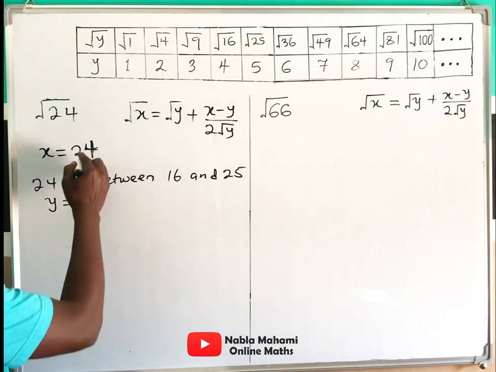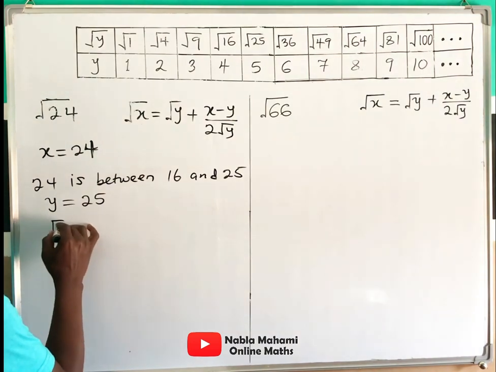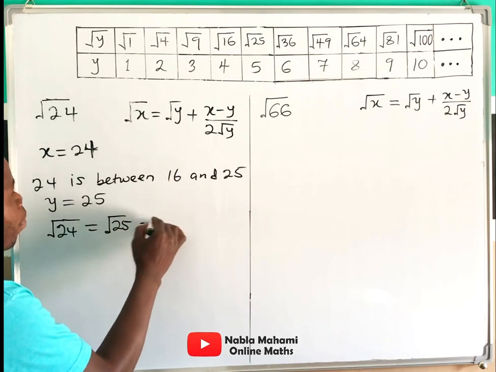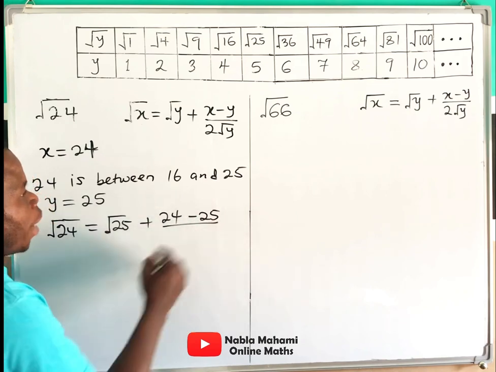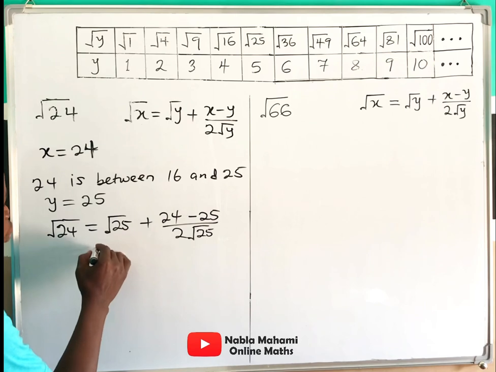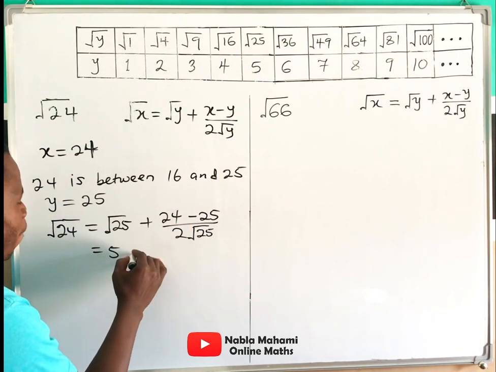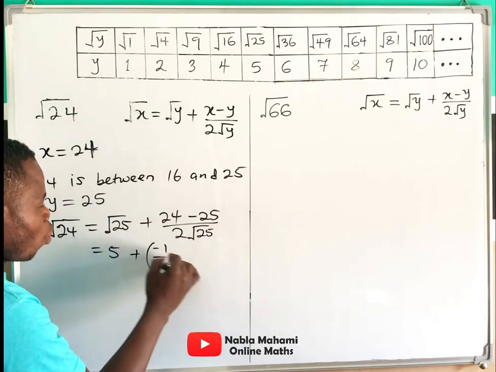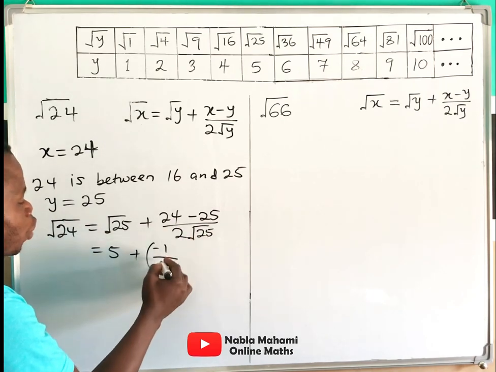So since we now know x and y, I can now put them into the algebraic equation. So square root of 24 now is equal to square root of 25 plus (24 minus 25) all over 2 root 25. Then to continue, square root of 25 is 5 from the table, plus 24 minus 25 is minus 1, over square root of 25 which is 5, 5 times 2, 10.